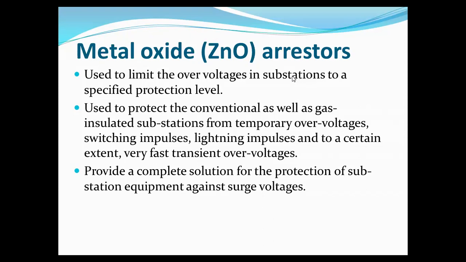For that purpose, in gas insulated substations, SF6 gas is used. Temporary over voltages, then switching impulses, then lightning impulses, and to a certain extent very fast transient over voltages.